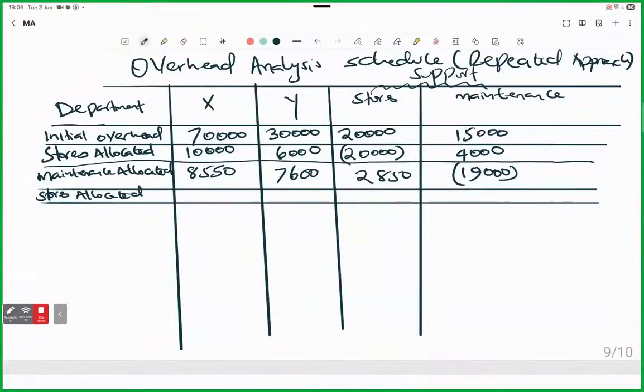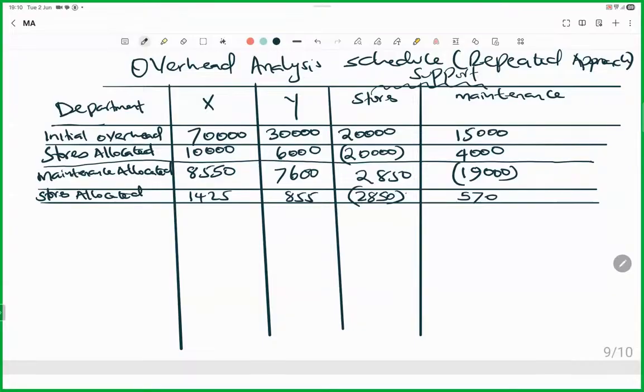We shall always use those. So how much are we removing from stores? It is 2,850. Remember, 50% is for X, which is 1,425. 30% is for Y, and 30% of 2,850 gives me 855. And then 20% of 2,850 gives me 570, like that. Thank you so much.